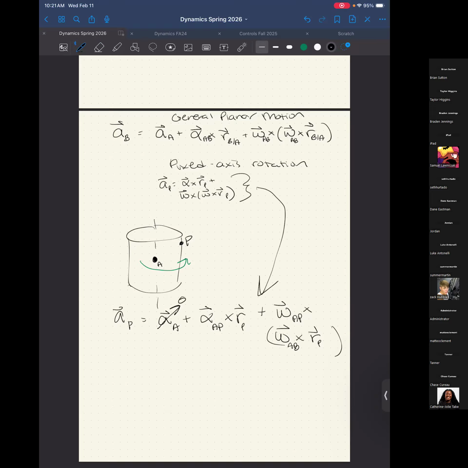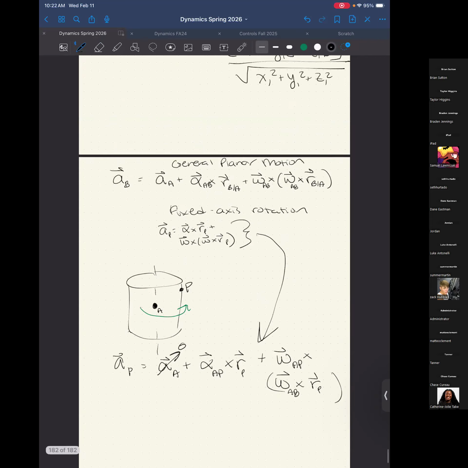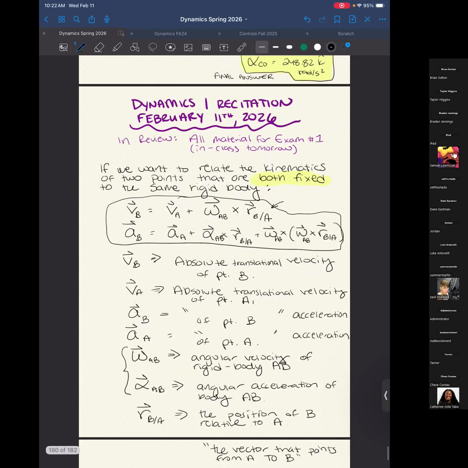Does that make sense? So when we talk general planar motion, these two equations are the most important, and everything else is a simplification of that.